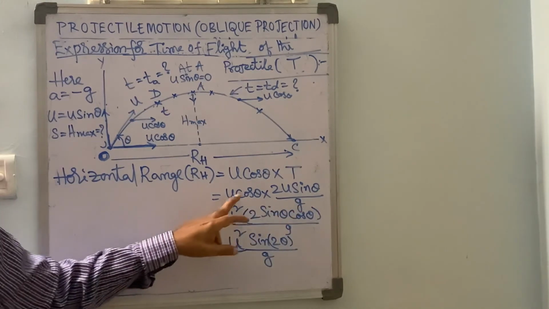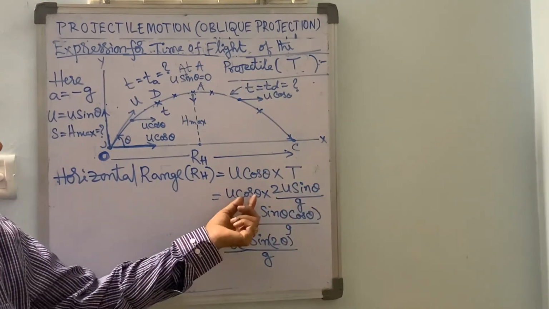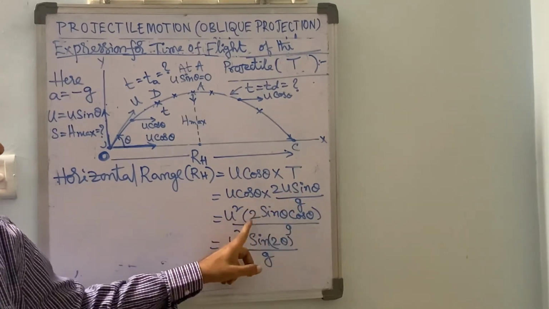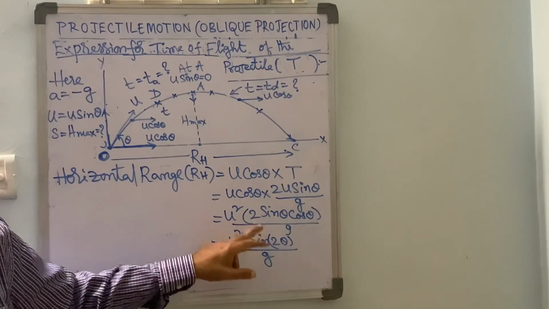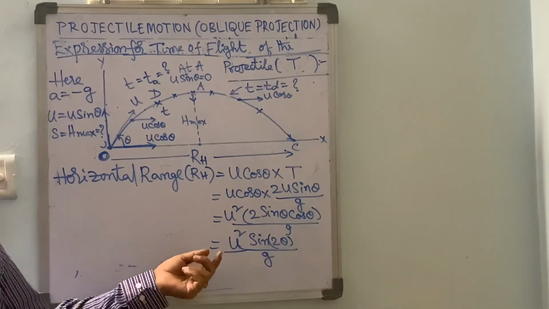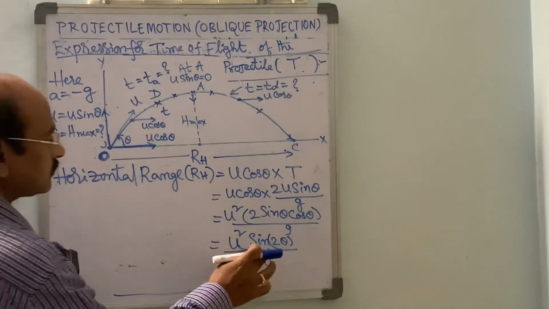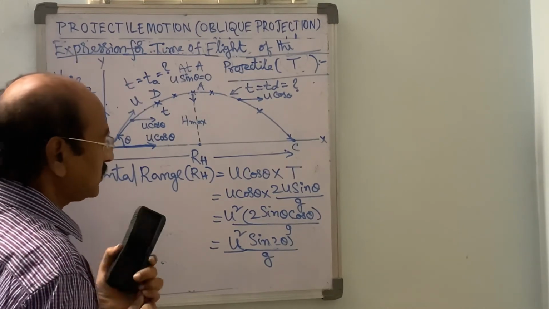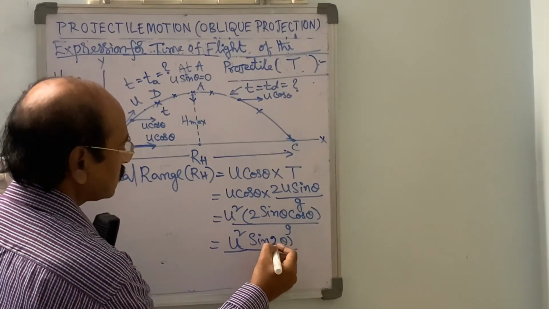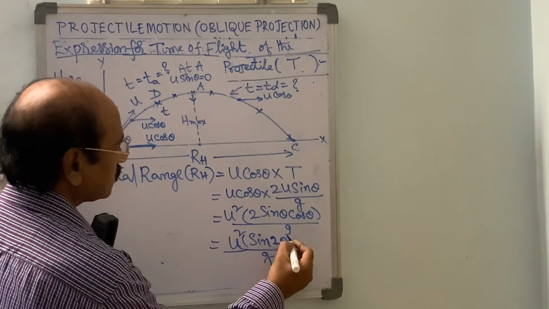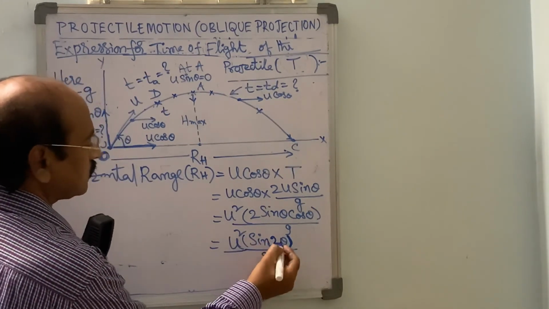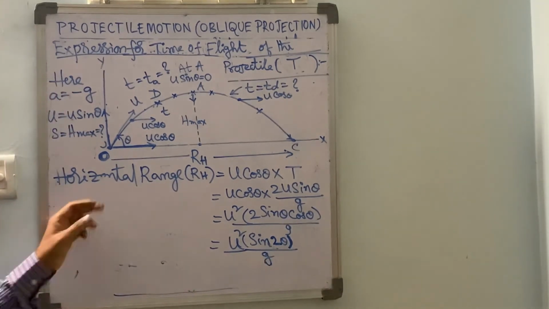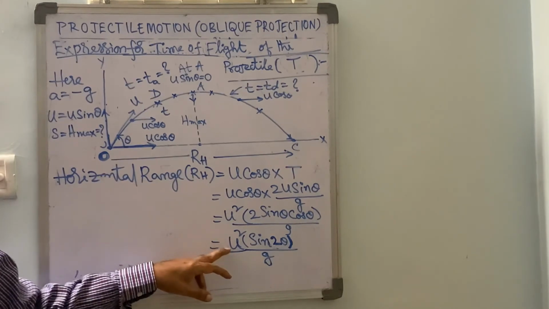Therefore u cos theta into 2u sin theta by g. Here u square, and 2 sin theta cos theta can be written separately in brackets, whose value is equal to sin 2 theta. Therefore, sin 2 theta into u square by g.